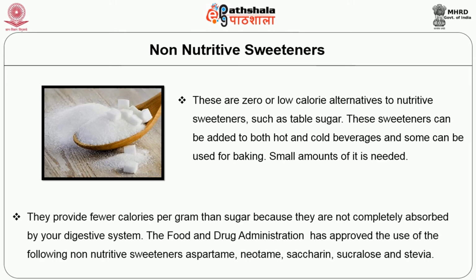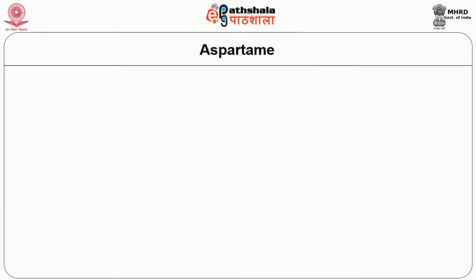They provide fewer calories per gram than sugar because they are not completely absorbed by your digestive system. The Food and Drug Administration (FDA) has approved the use of the following non-nutritive sweeteners like aspartame, neotame, saccharin, sucralose and stevia. Now let us see a few of these in detail.